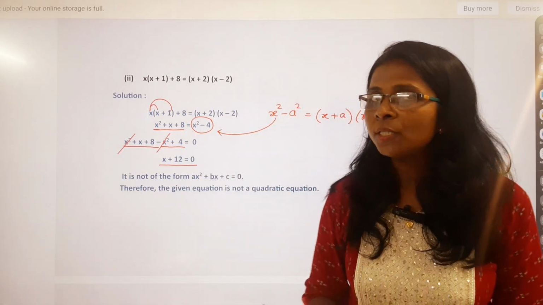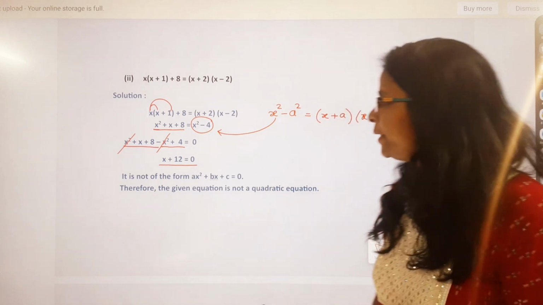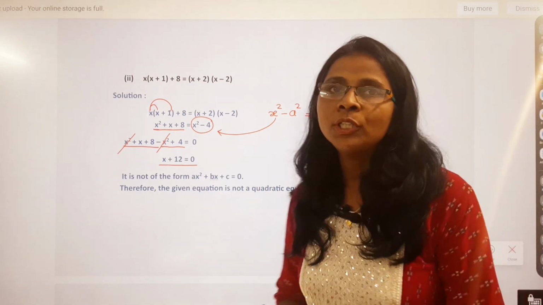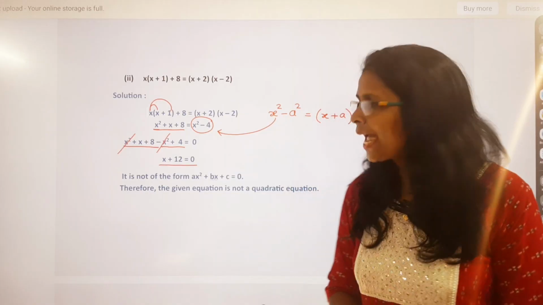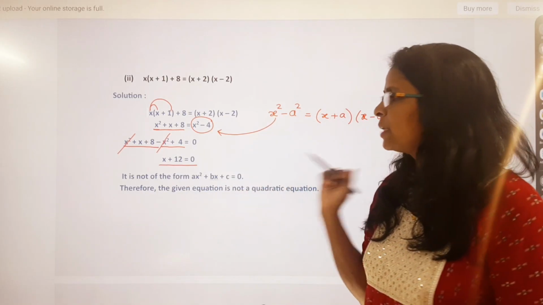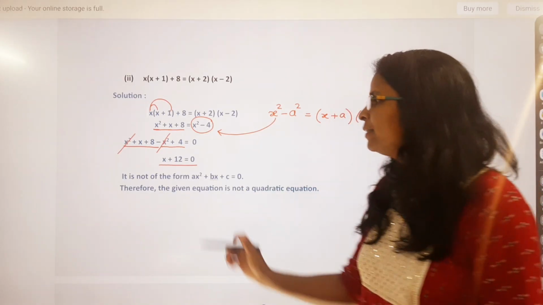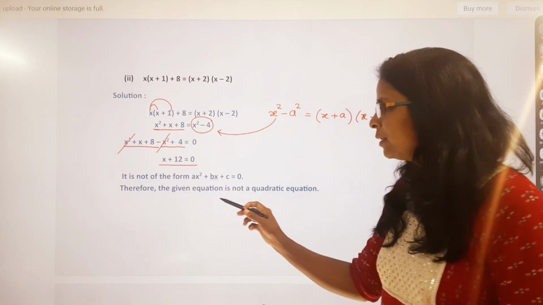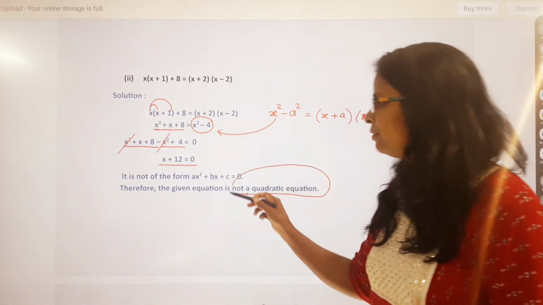Students, observe this equation carefully: there is no ax square term. So it is not of the form ax square plus bx plus c equal to 0, and we can say the given equation is not a quadratic equation.